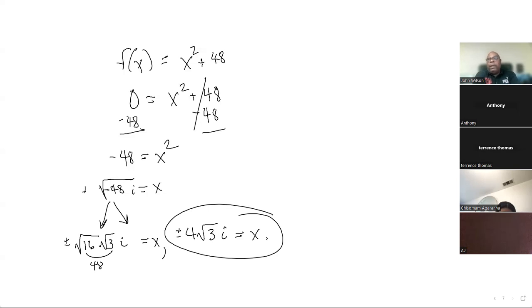Most teachers will accept that. Some will want you to say, what are the ordered pairs? Well, here's the first ordered pair. Plus 4 square root of 3i, comma 0. The other one is minus 4 square root of 3i, comma 0.